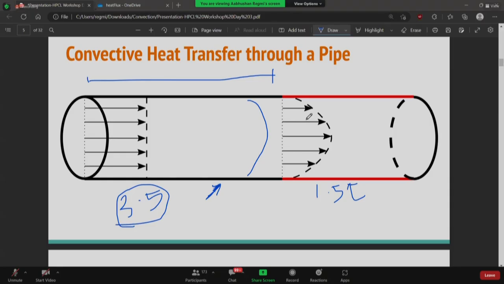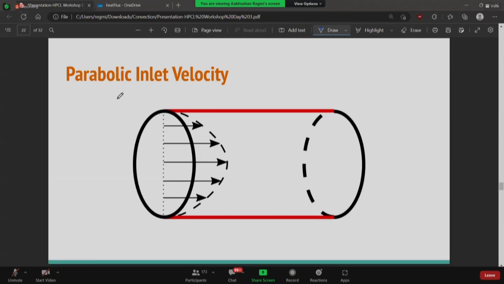Instead of doing the simulation in this part, we can provide the parabolic inlet profile directly at the inlet. This is one assignment, the parabolic inlet. We are going to give the parabolic inlet velocity profile directly at the inlet, and we only have to simulate 1.5 meters of our pipe length.